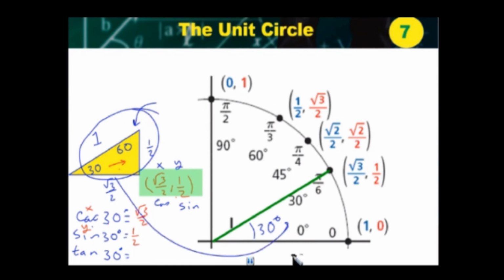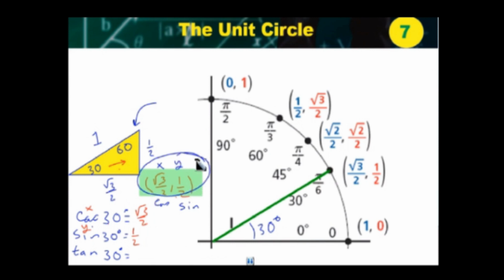This is the 30 triangle. And then we're also going to take the point itself that we worked hard for and just put it here. This is exactly the point. And now you see here that cosine is square root of 3 over 2, sine is 1/2 at 30.